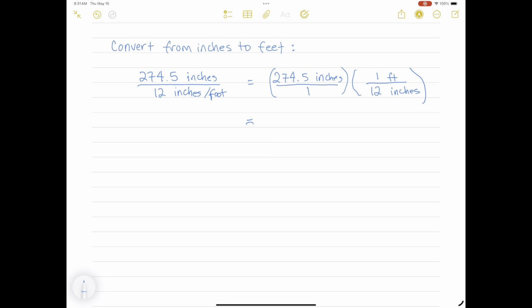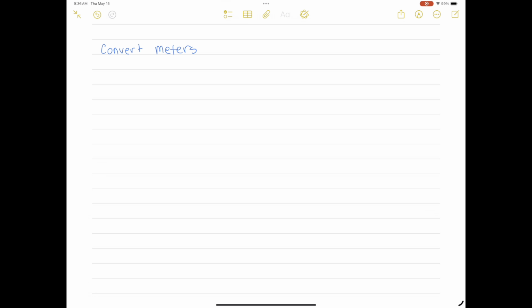The inches in the numerator cancel with the inches in the denominator. That leaves us 274.5 feet divided by 12, and we worked that out earlier to be 22.87 feet.